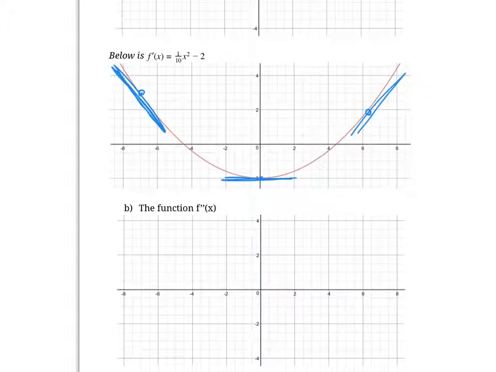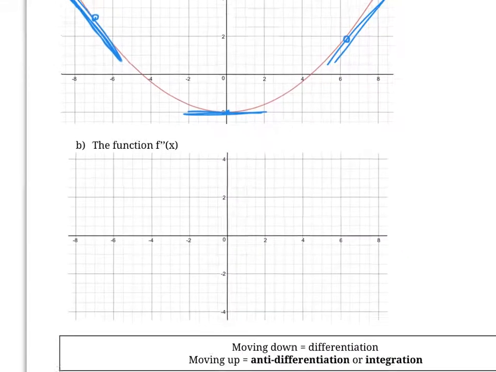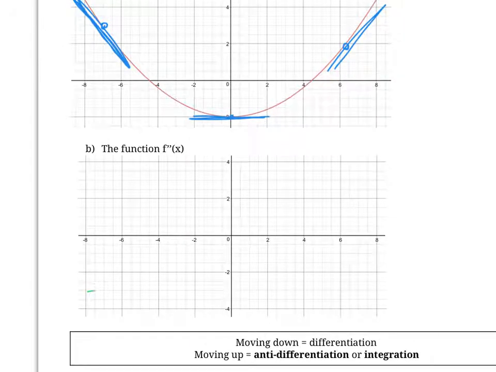So we should expect the derivative of that to start off as a negative value, reach 0 at an x value of 0, and then be positive over here. So we would expect something possibly like that, right? A negative slope to 0 slope to positive slope.